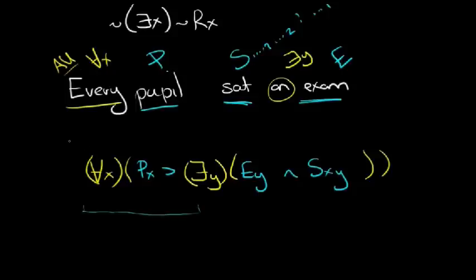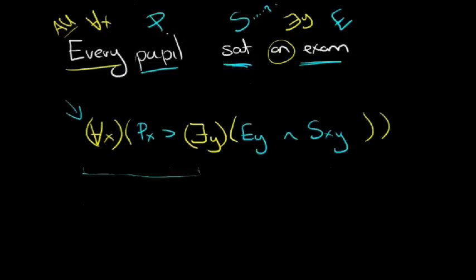In our case, the universal quantifier takes wide scope. So this is a sentence about all pupils. Every pupil is such that there exists some exam and they sat it. But there's another meaning to this, which is that there's just one exam and every pupil sat that particular exam. And in that case, the existential quantifier takes wider scope.